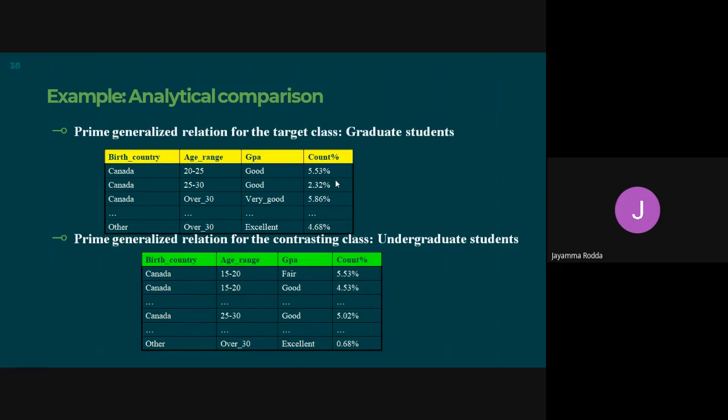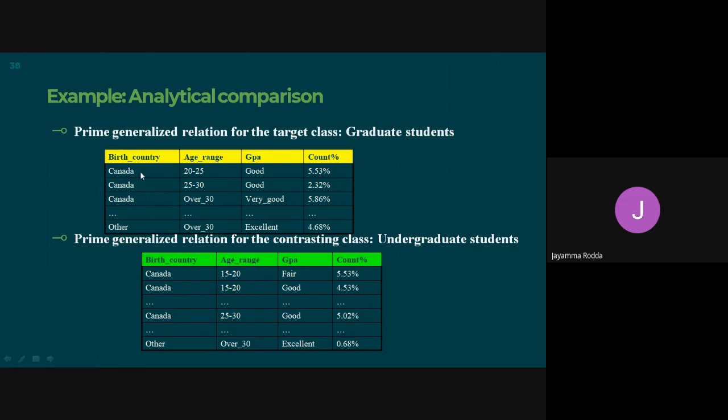So this particular value of the graduate students majoring in science are between 26 years to 30 years of age and have a good GPA. While we are having another value, 0.68, of undergraduate students who have the same characteristics.